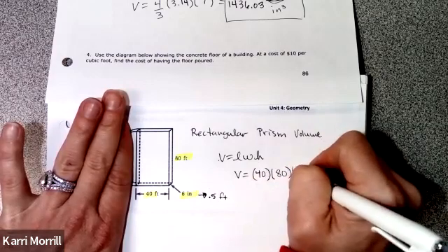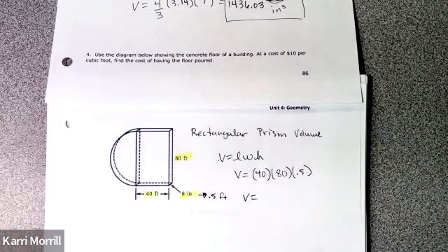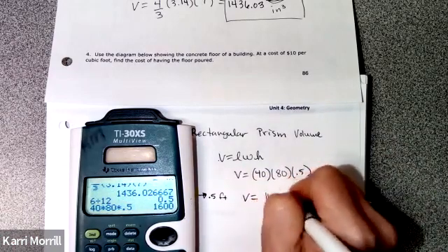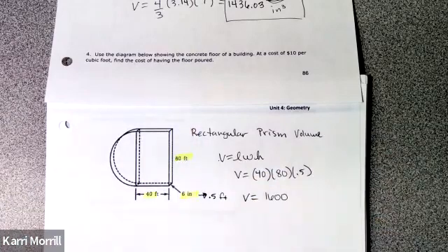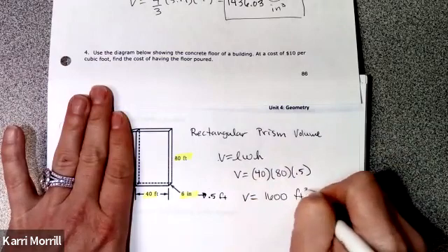And then my height is maybe 0.5. Maybe you called the length 80 and the width 40. Doesn't matter. So we're taking 40 times 80 times 0.5, which means the volume of that rectangular section is 1,600 feet cubed.